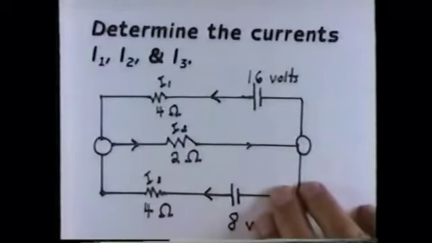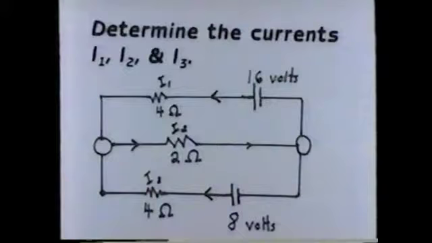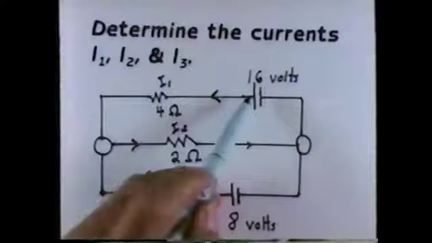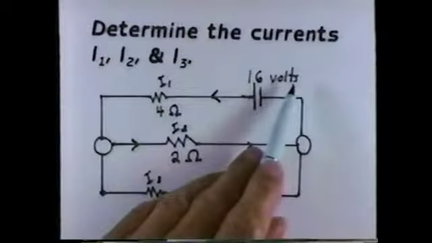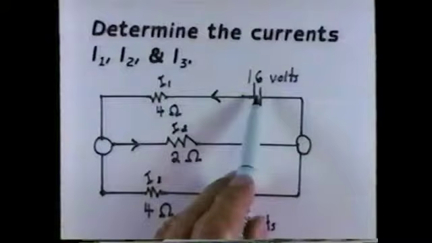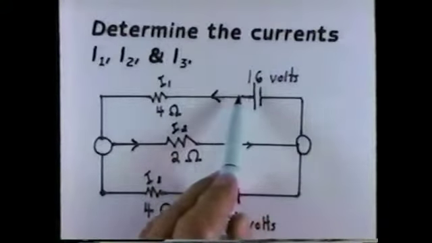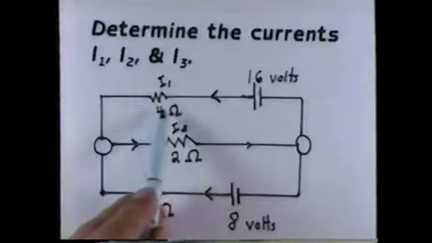Let's look at an application. Determine the currents I1, I2, and I3. Okay, here we have an impressed voltage of 16 volts, and the current flows from the terminal around into a 4 ohm resistor.